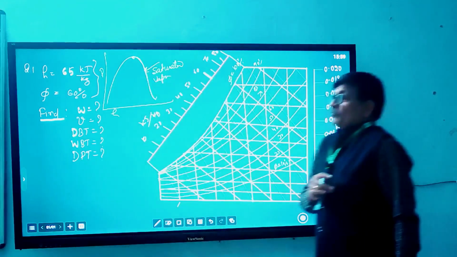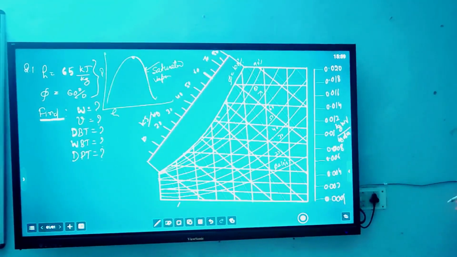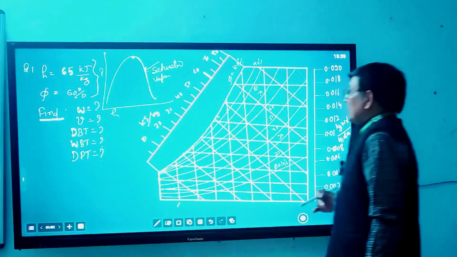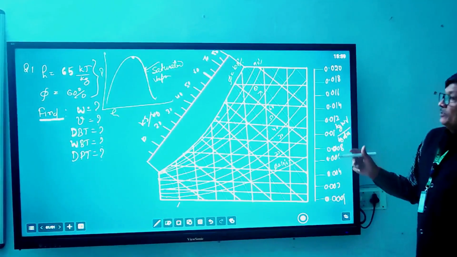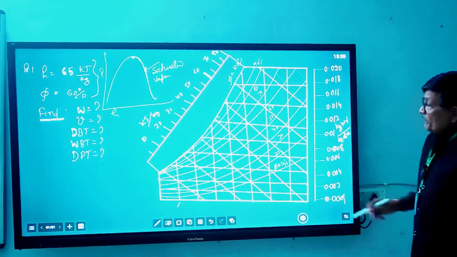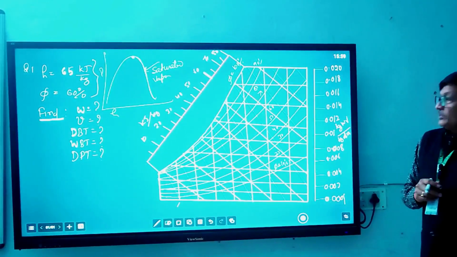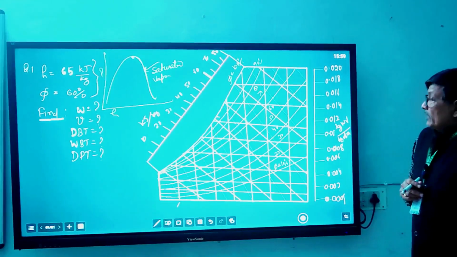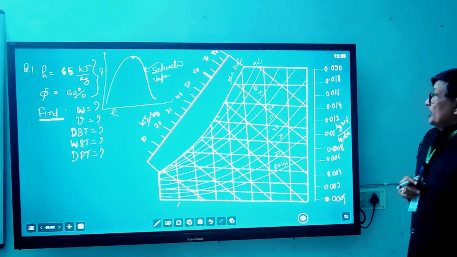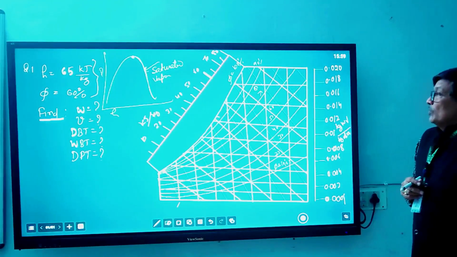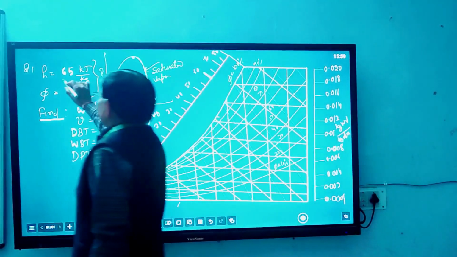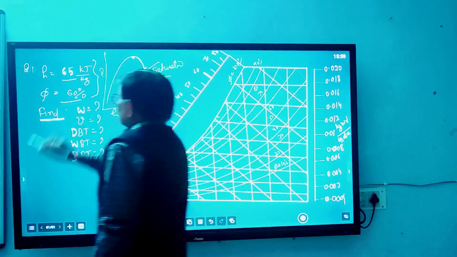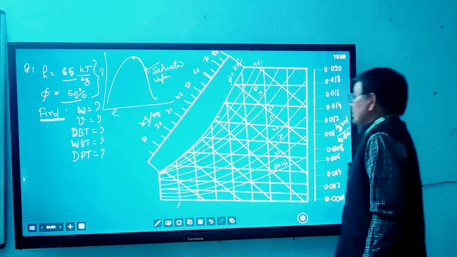In the actual diagram, you will find more fine divisions. But according to our problem, you know that the enthalpy lines are always parallel to wet bulb temperature lines. According to the given problem, we have h equal to 65 kilojoule per kg and phi equal to 60%. So we have to find out omega.